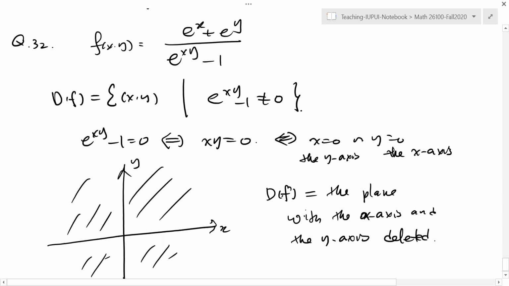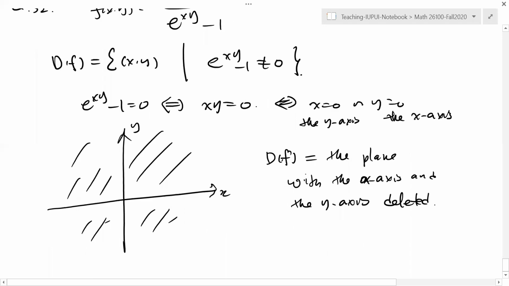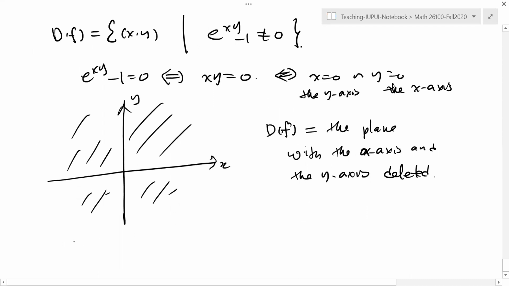So it consists of 4 pieces. And the function is an elementary function, so we conclude that f is continuous on its domain. If you find the domain, then you get the set at which the function is continuous.